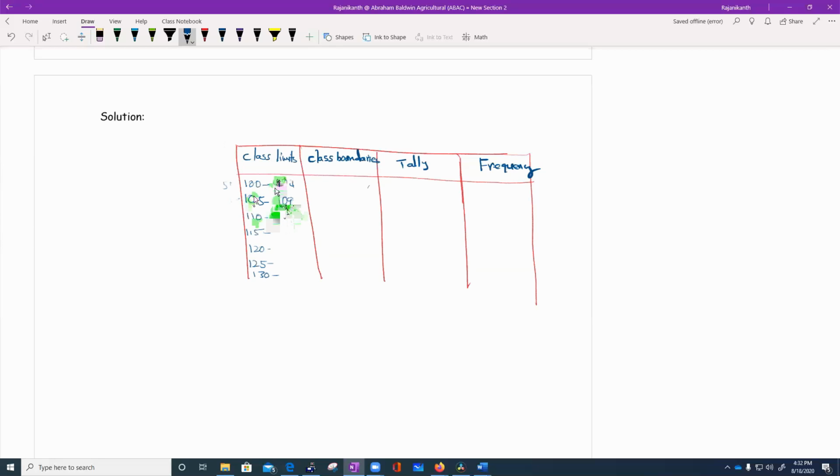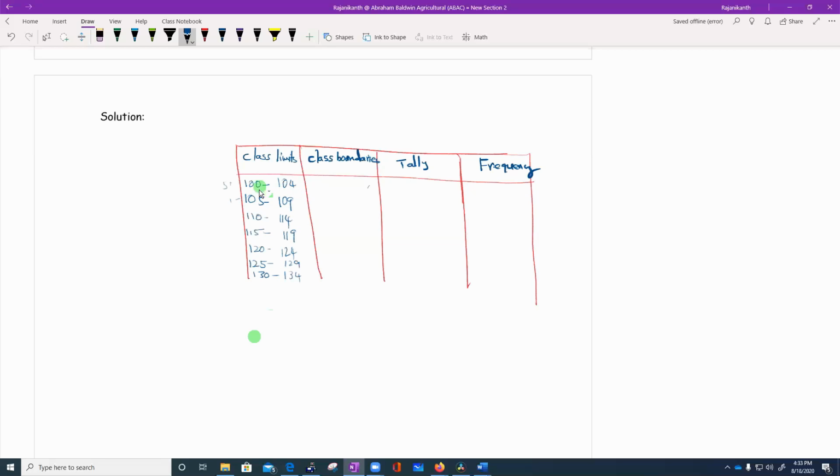But if you are smart, this is simply adding 5 again to 104 to give you 109, right? Then keep on adding 5 or subtracting 1, that is up to you. So I'm simply adding 5 to this number to get all the upper class limits. So 114, 119, 124, 129, and the next one is 134. Okay, so this is the way to fill out the class limits.